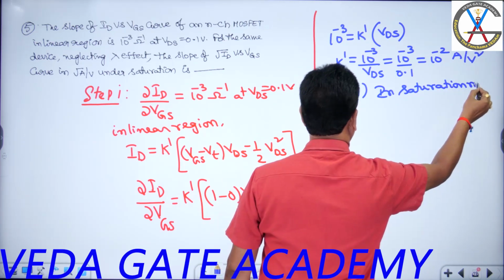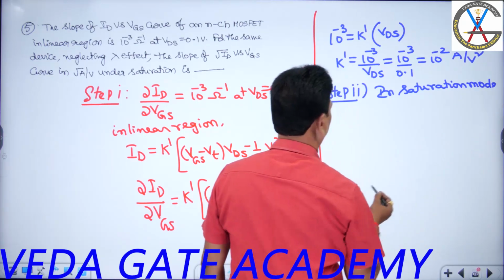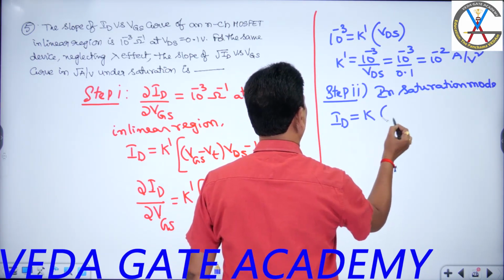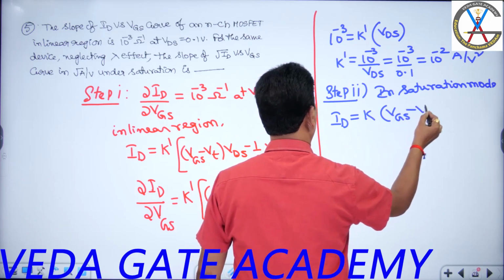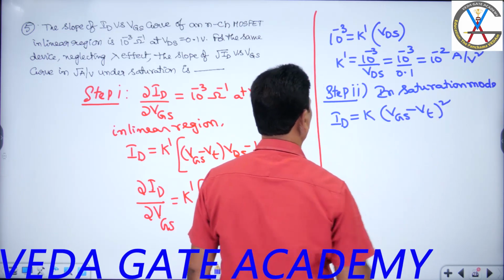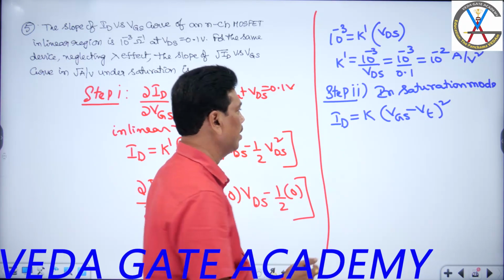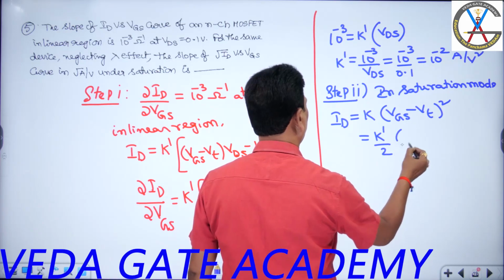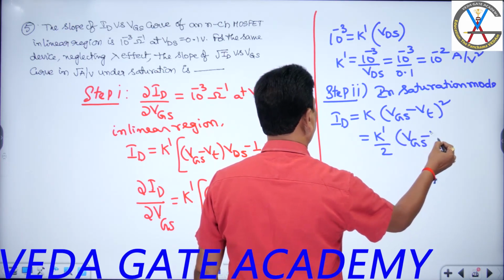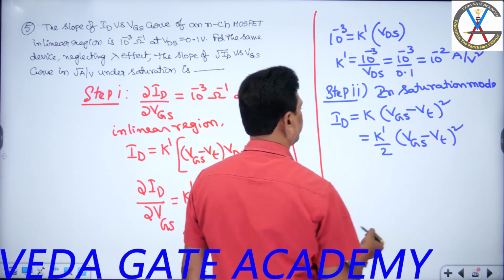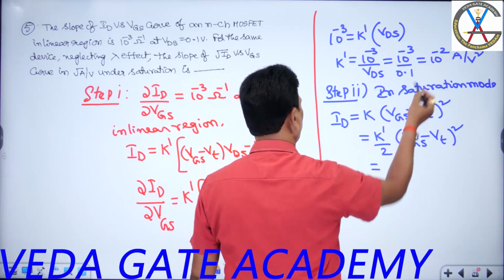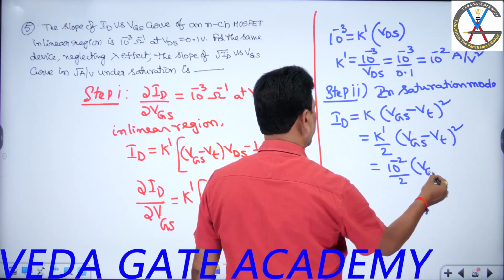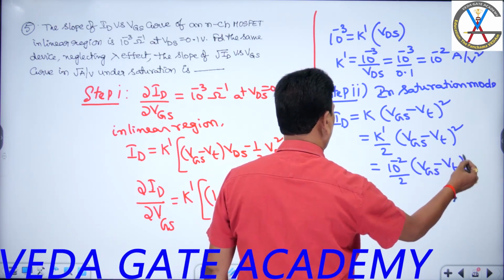In saturation mode, ID equal to K into (VGS minus VT) whole square. This is the formula. That equals K dash by 2 into (VGS minus VT) whole square. K dash is 10 power minus 2, so 10 power minus 2 by 2 into (VGS minus VT) whole square.